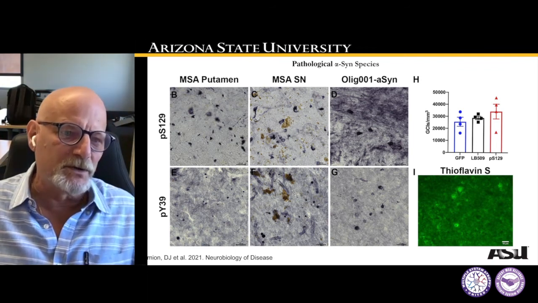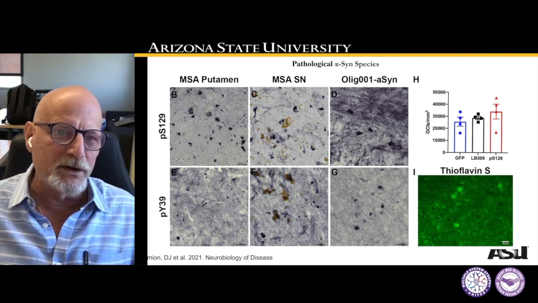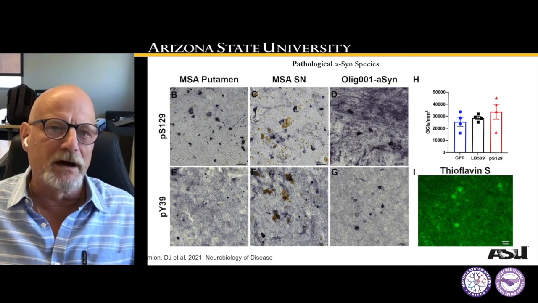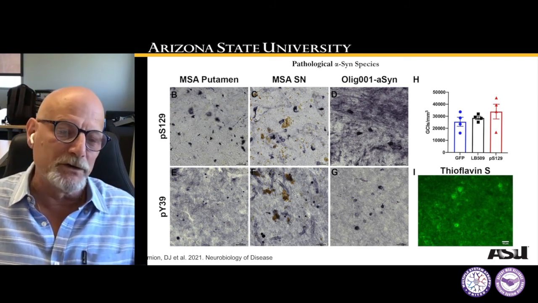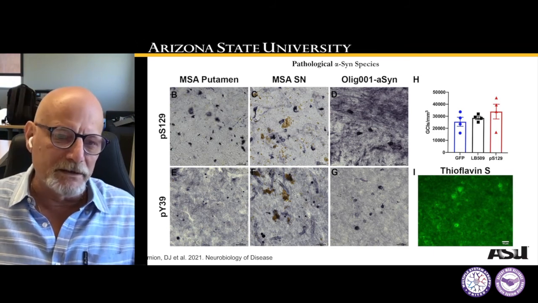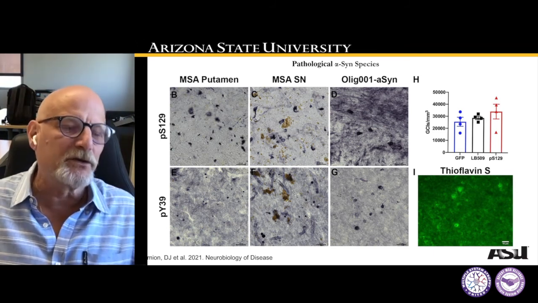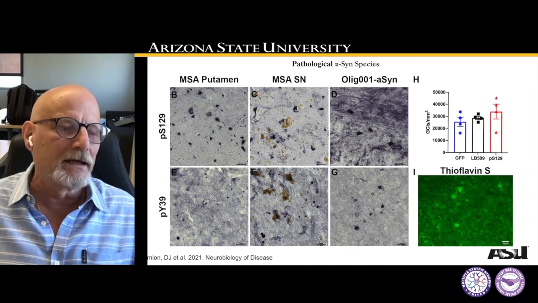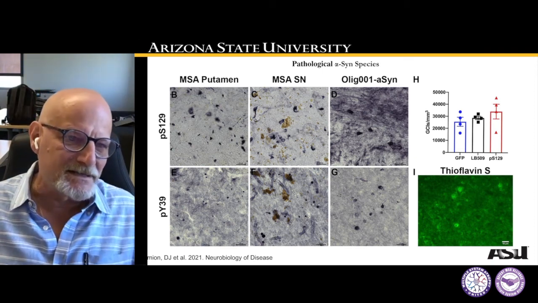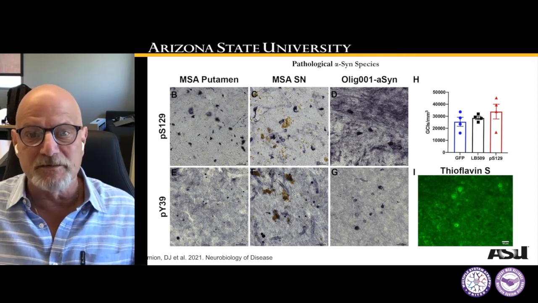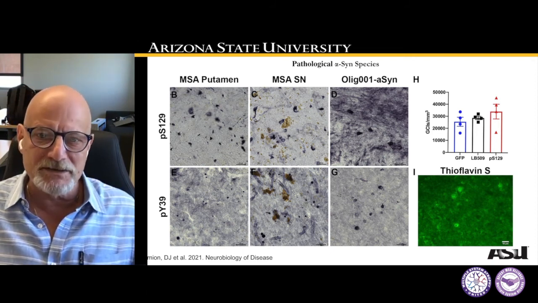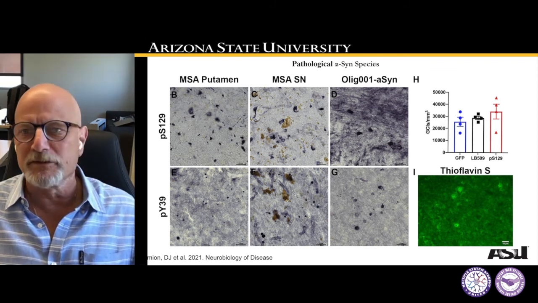You can see that also in the substantia nigra, and we can also see it with ALG1 alpha-synuclein, but not with GFP. And you can see that this pathology, the PY39, is replicated in the model just as is seen in human MSA. And also in terms of the numbers of cells that we are seeing with GCIs in these studies, it's up over 30,000.